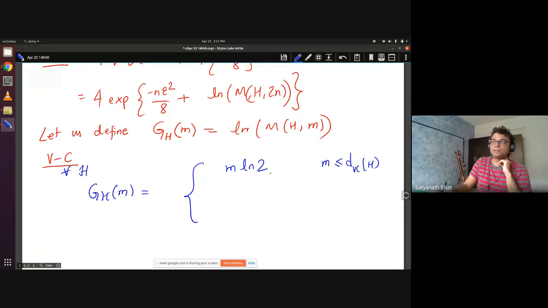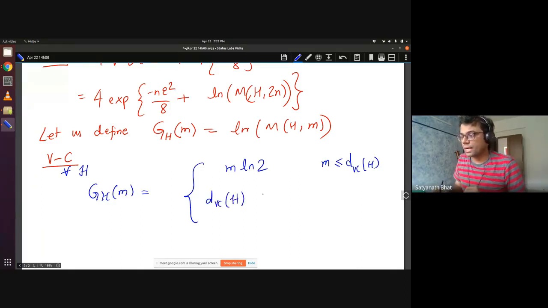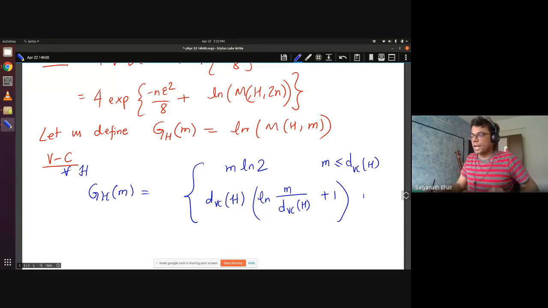Beyond the VC dimension, the growth function dramatically changes, where d_VC of H is a constant, for m greater than the VC dimension of H.